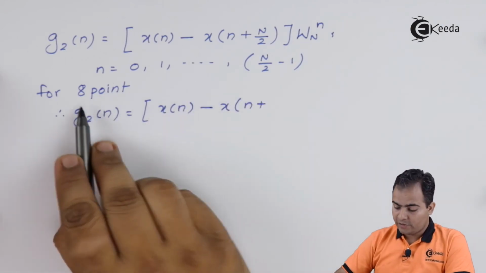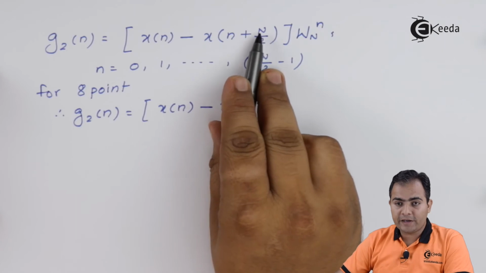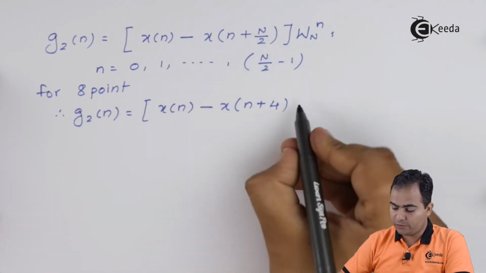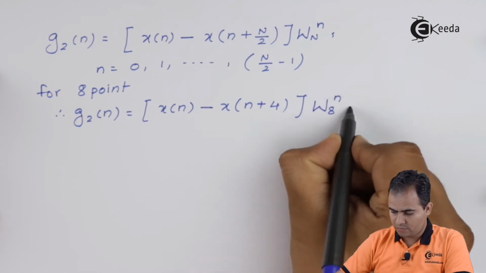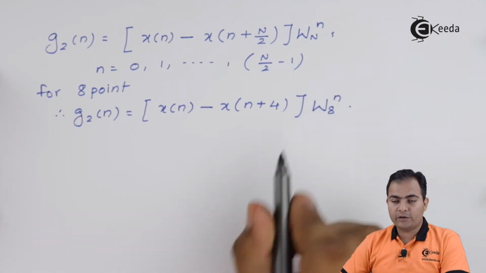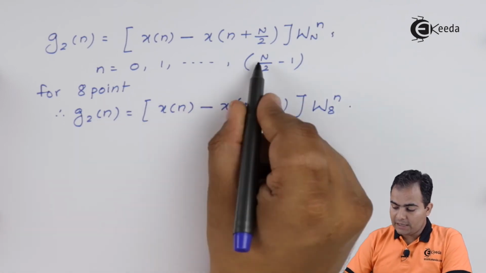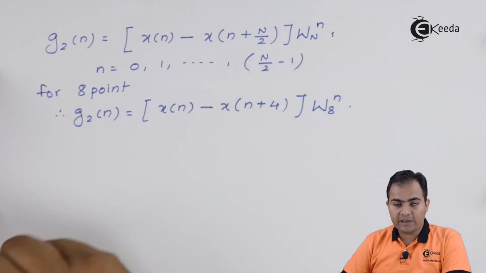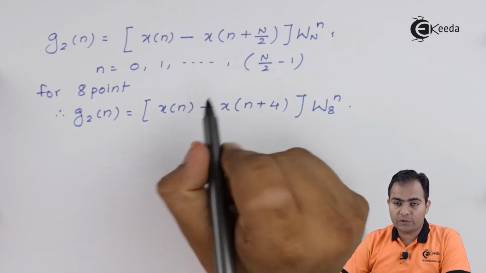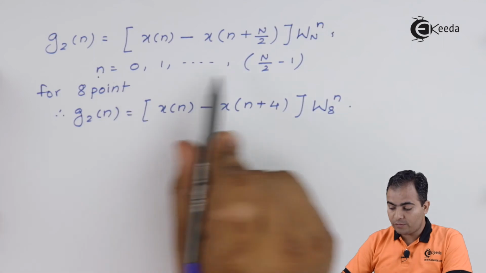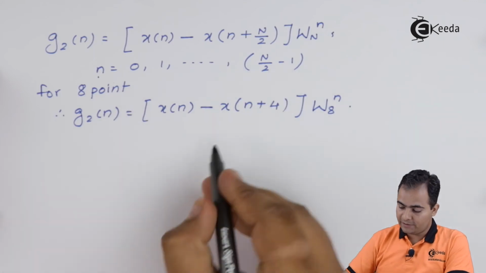Now look here, if this N is replaced by 8, then 8 by 2 is 4, so we have x of n plus 4, and it is multiplied by omega 8 to the power n. Now here this N is also replaced by 8, so 8 by 2 is 4, and 4 minus 1 is 3, which means my n value varies from 0 up to 3.